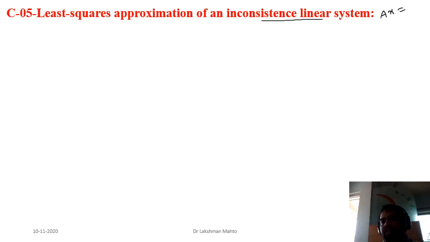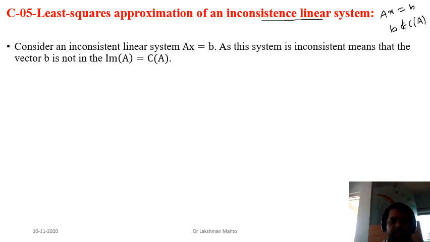Another way of saying inconsistent is that b is not in the column space of the coefficient matrix A. So that is the criterion of inconsistency. So consider an inconsistent linear system Ax equal to b. As this system is inconsistent, the vector b is not in the column space or image of A. Okay, the same thing I had already written here.